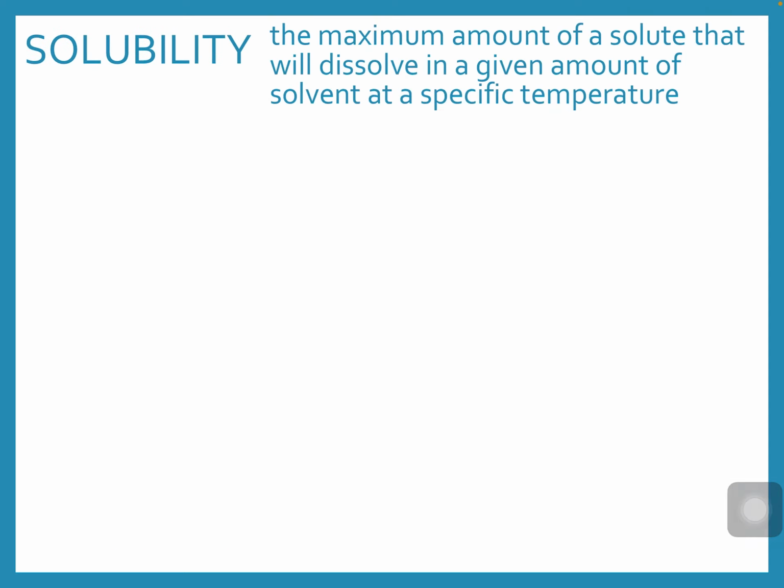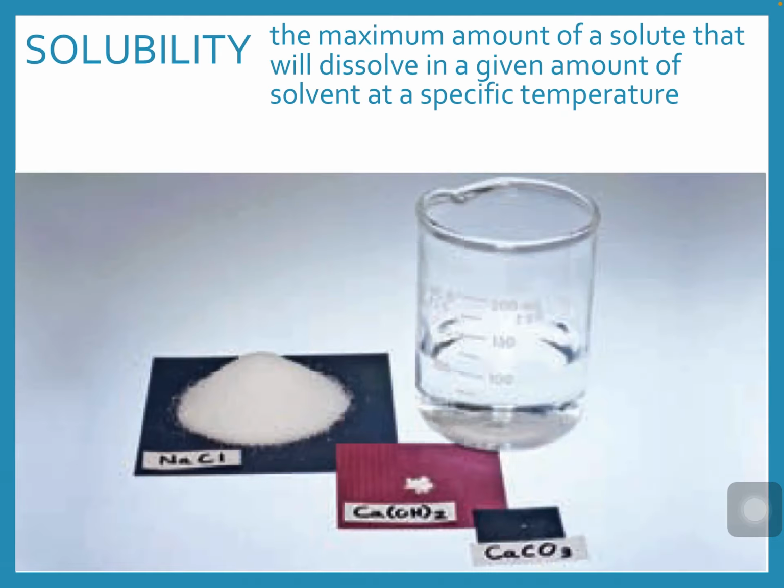So solubility, what is that? That is the maximum amount of a solute that can dissolve in a given amount of solvent at a specific temperature. At different temperatures, a different amount of a substance can dissolve. So if I take a look here at a particular temperature, 20 degrees Celsius, if I have 100 milliliters of water, I have different amounts of different compounds that can dissolve.